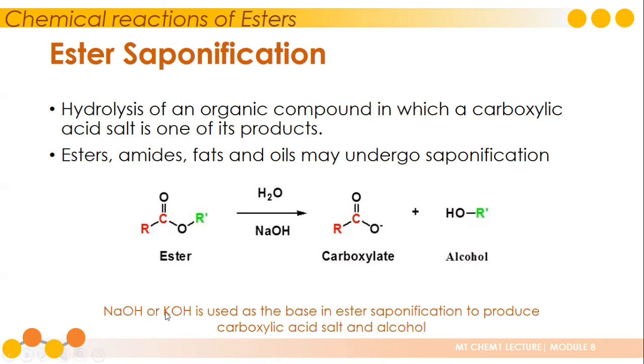Sodium hydroxide or potassium hydroxide is usually used as a base in ester saponification to produce carboxylic acid salt and alcohol. Again, carboxylate, combining it with a base, will produce a carboxylic acid salt.